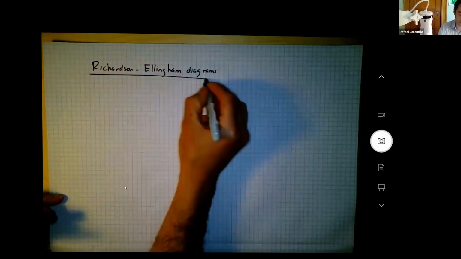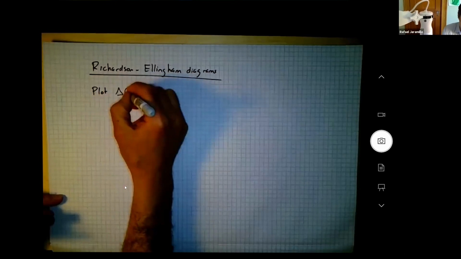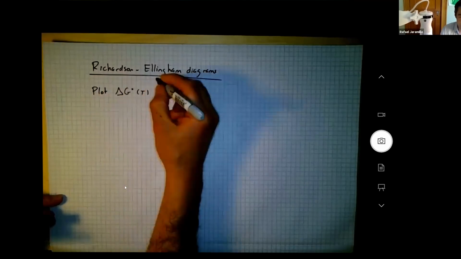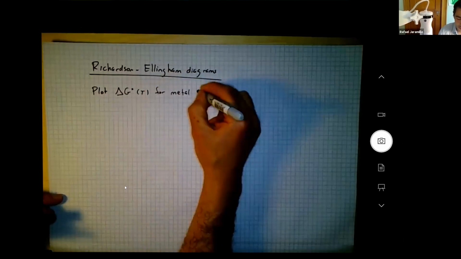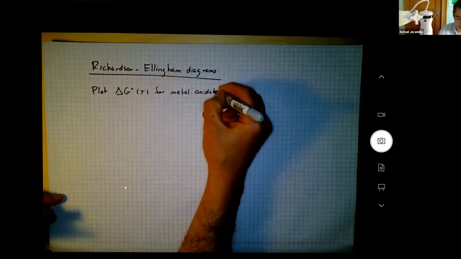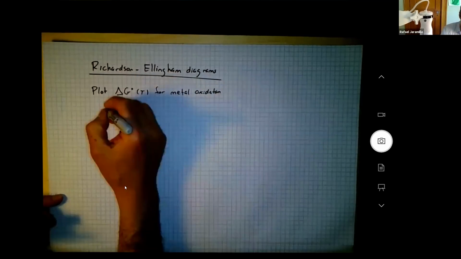So we're going to do this. I can't really motivate this because it sounds kind of random what we're going to do. So I'm just going to tell you what it is, and at the end tell you why it's useful. We're going to plot delta G naught as a function of temperature for metal oxidation reactions.